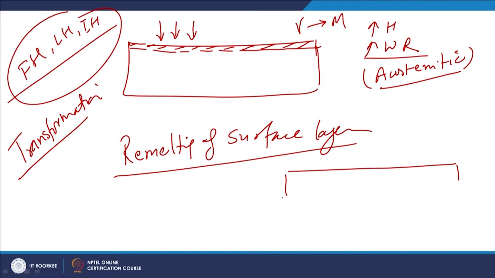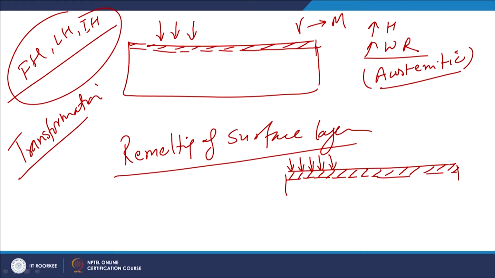So, if this is the surface of the component whose properties are to be enhanced, then using a suitable high energy density heat source, heat is applied so that the near surface layers are brought to the molten state, and subsequent solidification leads to the development of a remelted resolidified layer, which will have improved properties primarily due to grain refinement.